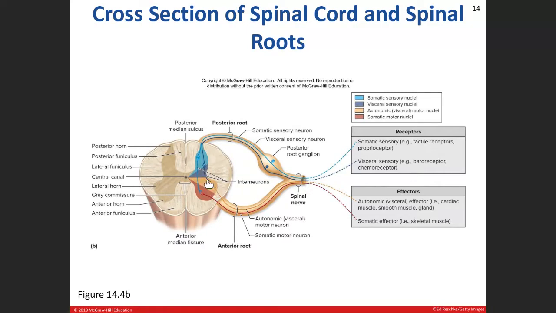And in this yellowish orangish region where the lateral horn resides, that is going to be autonomic or visceral motor nuclei, and then way in the front in the anterior horn, that's going to be somatic motor nuclei.